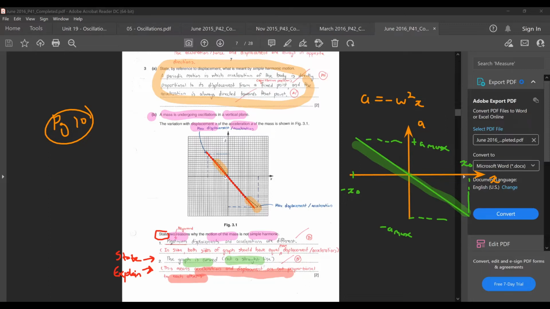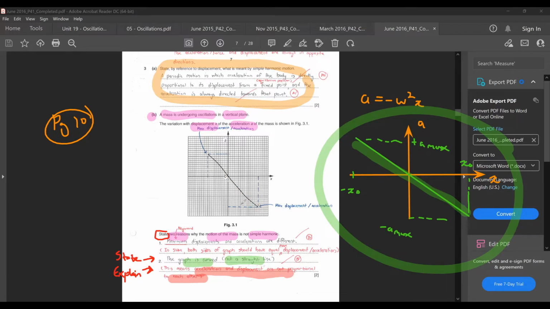That's the first thing that tells you that it's not simple harmonic motion. What is the second thing? When you look at the graph for acceleration versus displacement, you can see that the graph is not symmetrical.